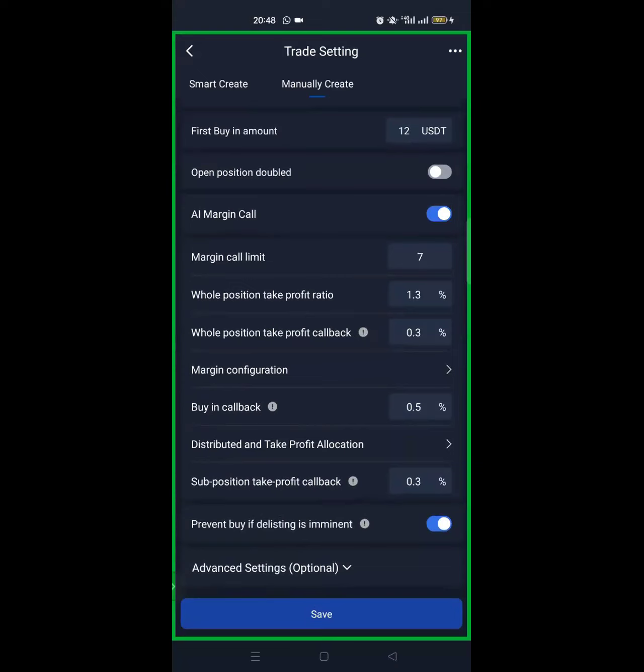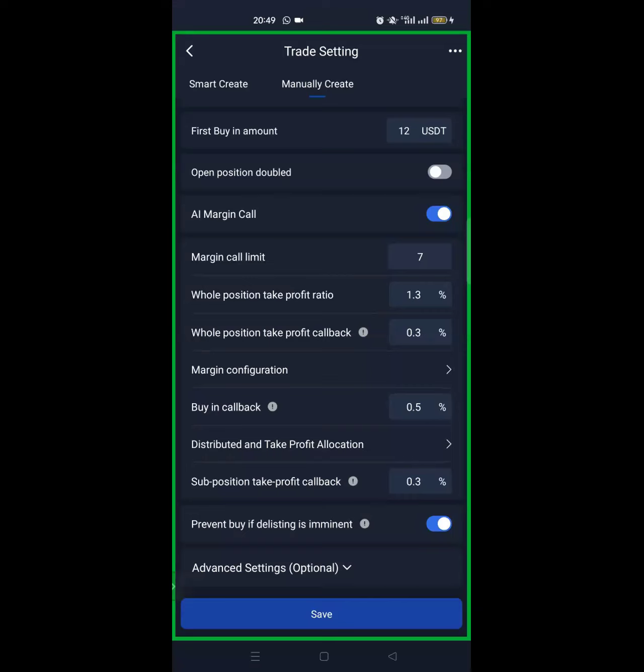Here you can see mine is 12 USDT, meaning once I do my settings and I click on activate, the robot is going to use $12 to start the trade. That's what it's saying. That's why it's called first buy. It's the amount you are using to enter the market first, to start the trade first.